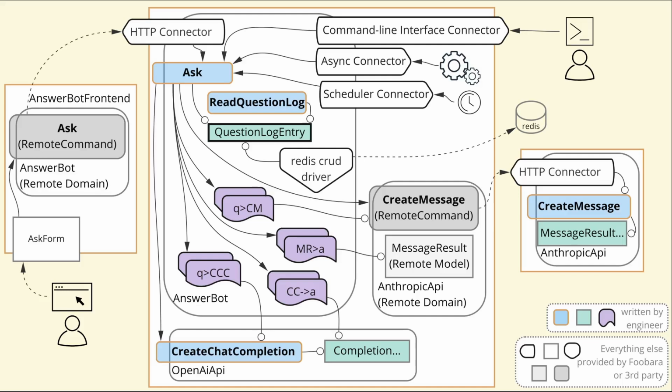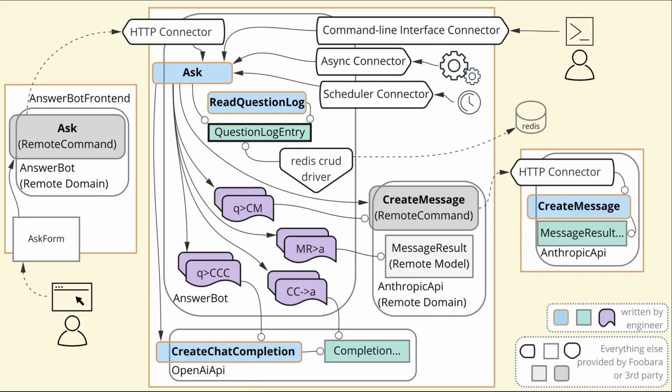And this is important because it means that we are not tangling up our domain logic with our integration code. We have nice, clean domain logic that is reusable in a variety of contexts. And along those lines, it's important to point out here that CreateChatCompletion is implemented locally, but CreateMessage is implemented remotely.